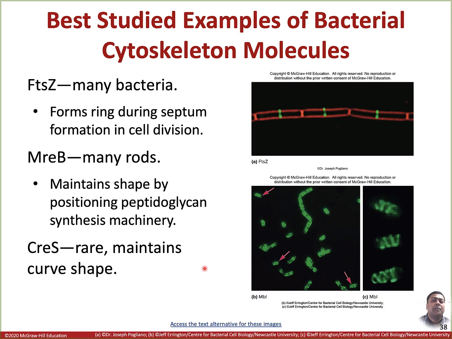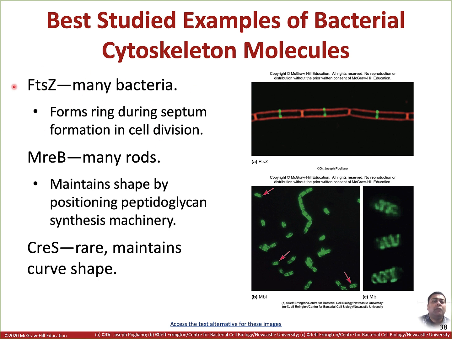Here are a couple of examples. FtsZ in many bacteria forms a ring during septum formation in cell division. Here, a single cell is dividing into two. You can see the green fluorescence due to FtsZ, which is tagged with a fluorescent dye. This is going to form the septum and divide the cell into two.